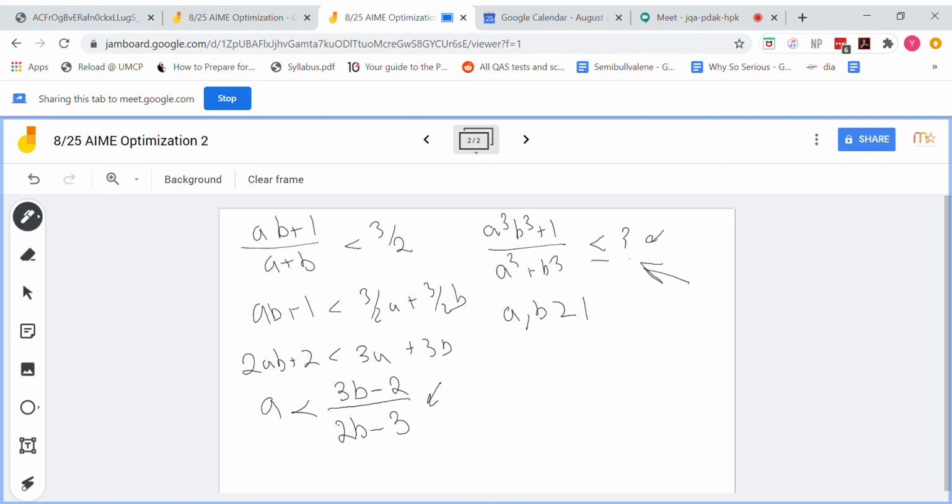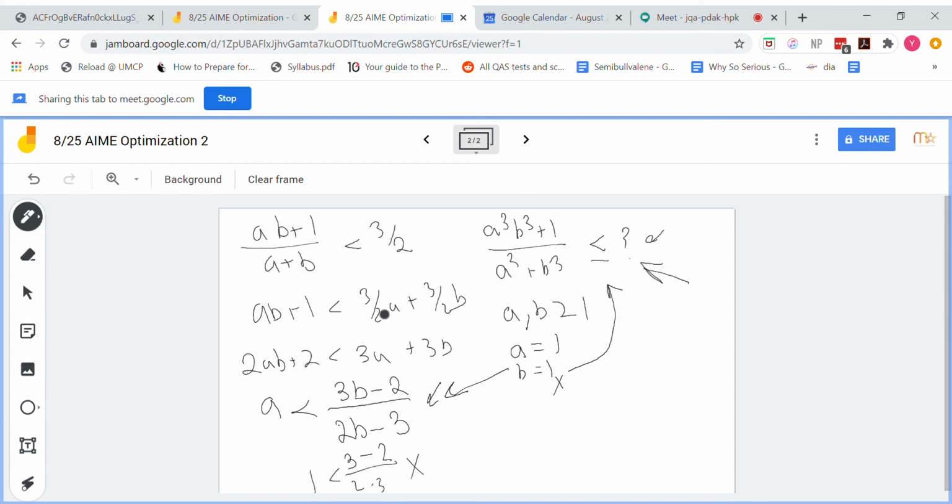Let's start with a simple value: a equals 1, b equals 1. Does it work? If we plug in a = 1, b = 1, we have (3 - 2)/(2 - 3) is greater than 1, which is false, and therefore this is not possible.